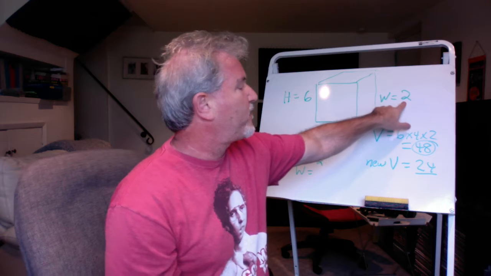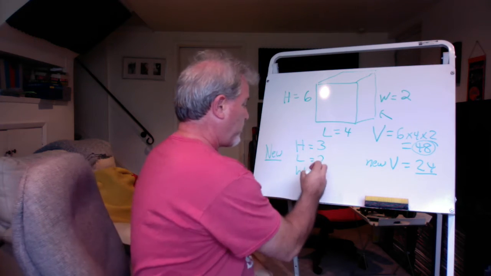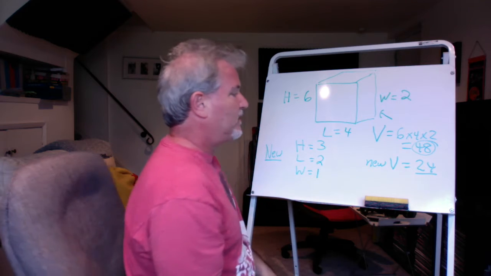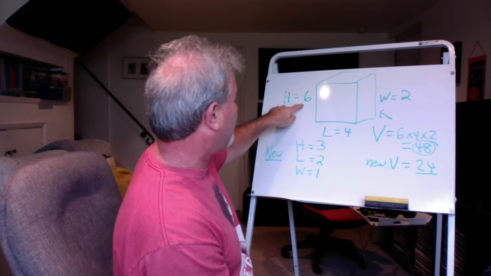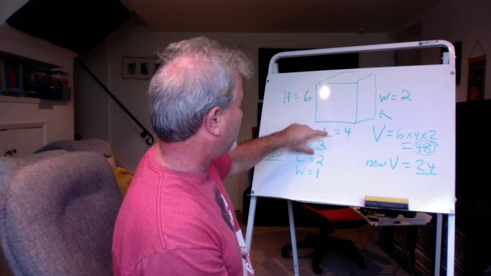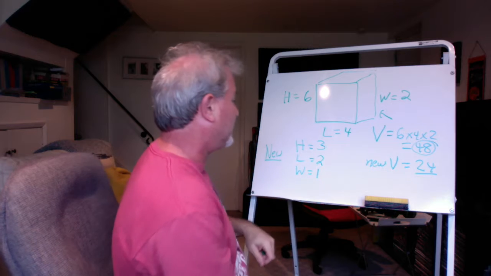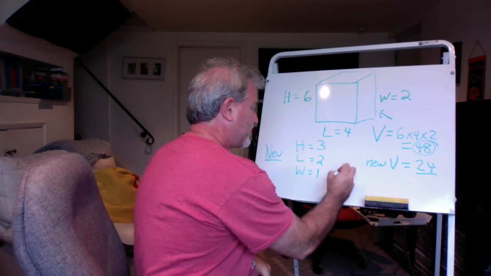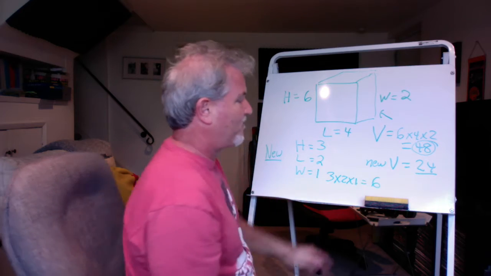And here's the width. The width is 2. Half of 2 is 1. Now, we're going to see, does that work out? Half of this is 3. Half of this is 2. Half of 2 is 1. So now I do 3 times 2 times 1, and I get 6.